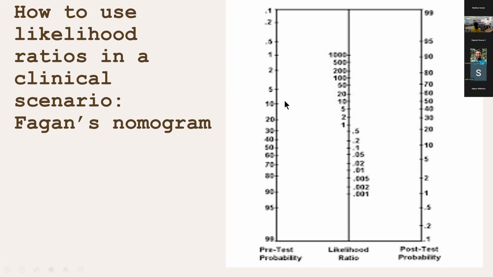Now, if you have a positive likelihood ratio of 5.8, you would draw a line from 10, the pre-test probability, across 5.8, and it gives you a post-test probability. So it's almost 40%. From your 10% pre-test probability, this test makes it 40% likely that this patient has the disease, which is how you would apply this. I'll come to this a little bit later, but I just wanted to tell you about Fagan's nomogram.